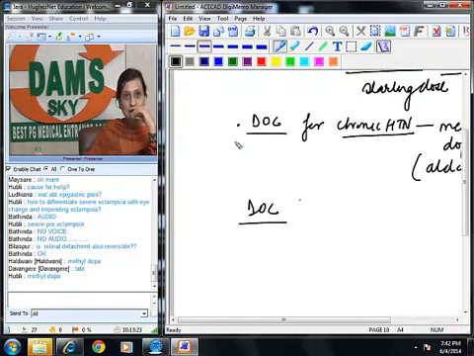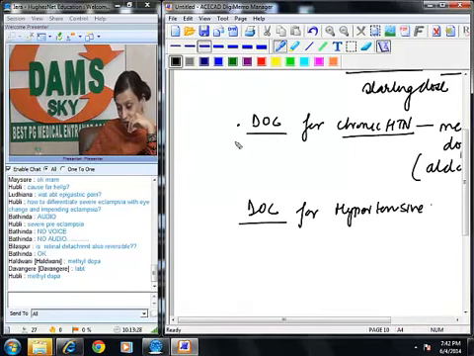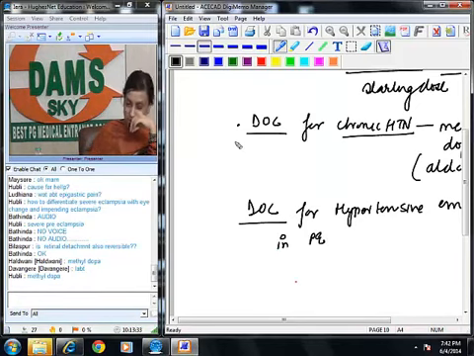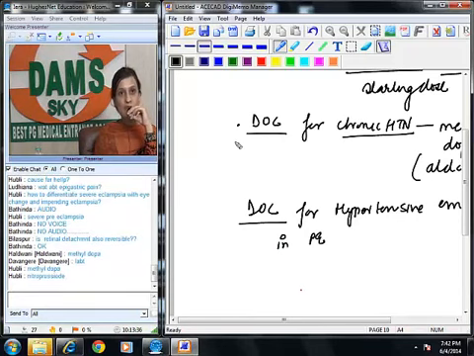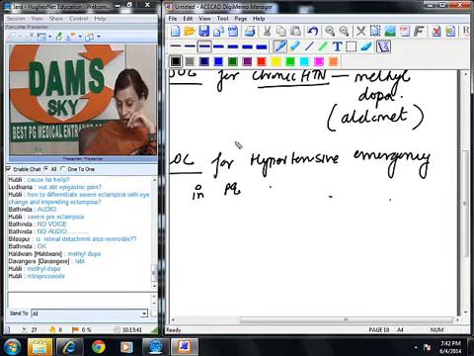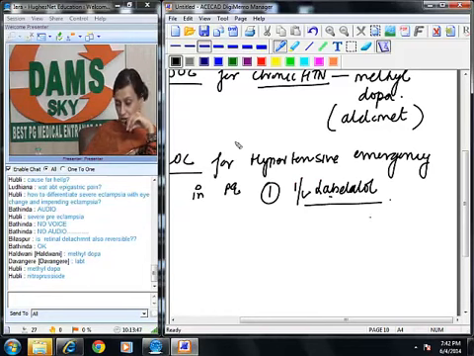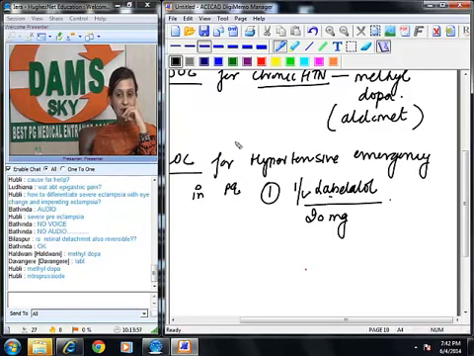Then the third thing is, what is the drug of choice for hypertensive emergency in preeclampsia? The answer now is again IV labetalol. How much do we give? 20 milligrams is given initially, intravenous.